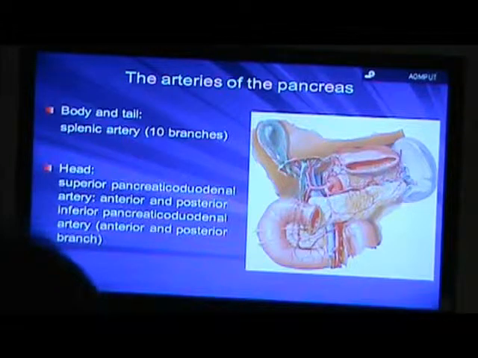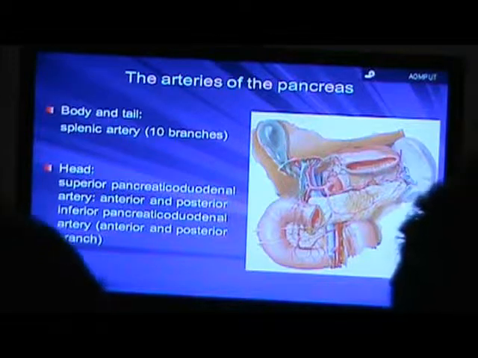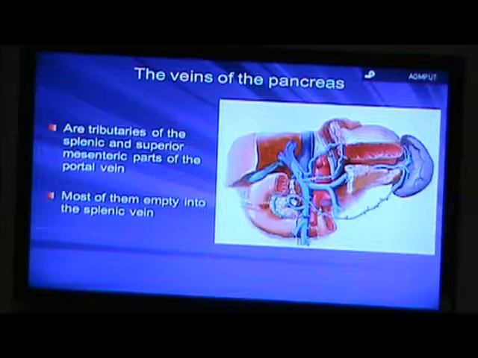The superior and inferior pancreatico-duodenal arteries give anterior and posterior branches, and they join together and form arches along the head of the pancreas anteriorly and posteriorly. The veins of the pancreas are tributaries of the splenic and the superior mesenteric parts of the portal vein.